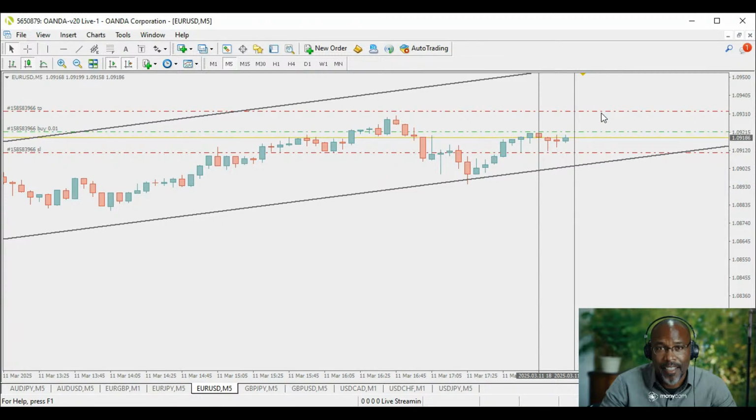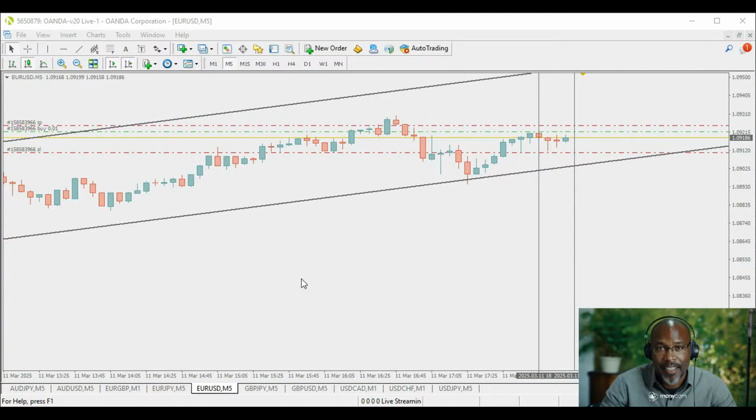Since the euro dollar US dollar looks so weak, I'm going to try to see if I can get out with at least a little bit of profit.